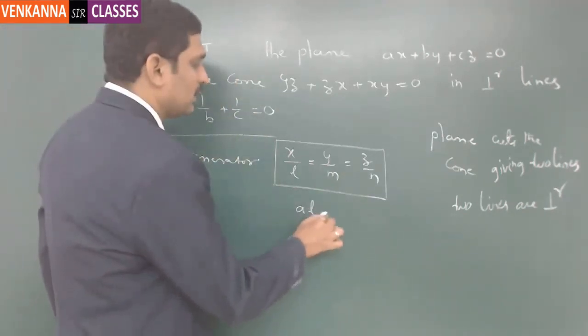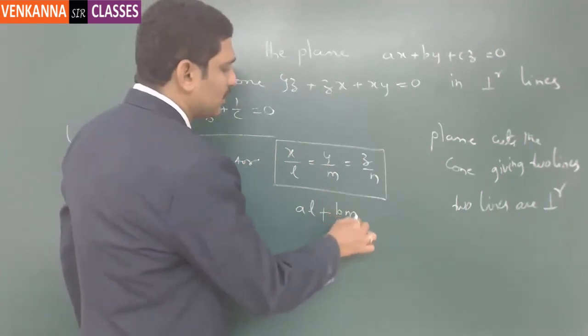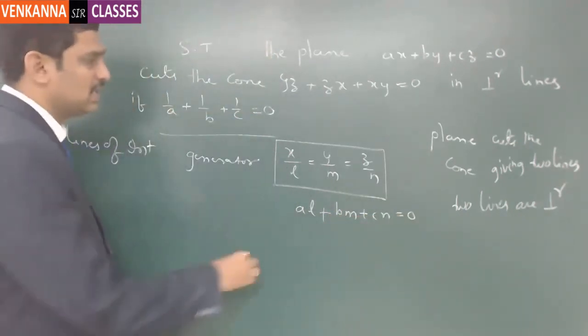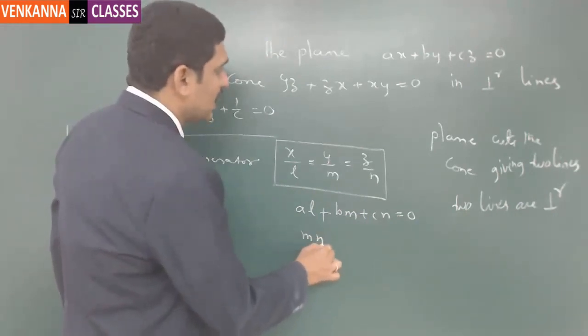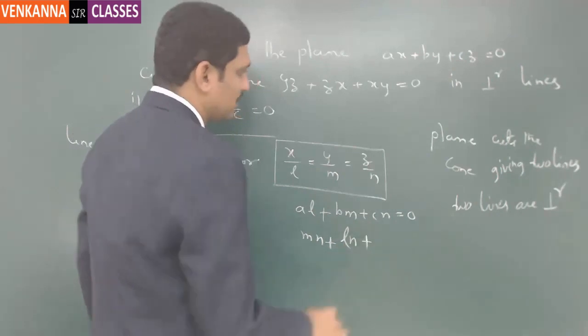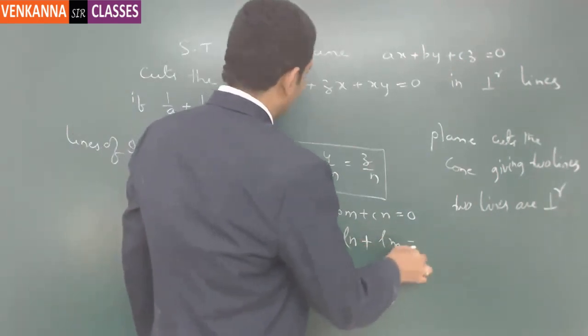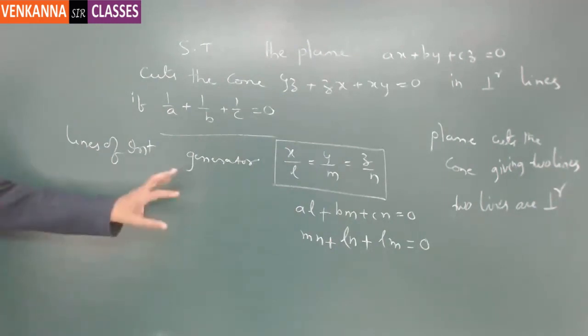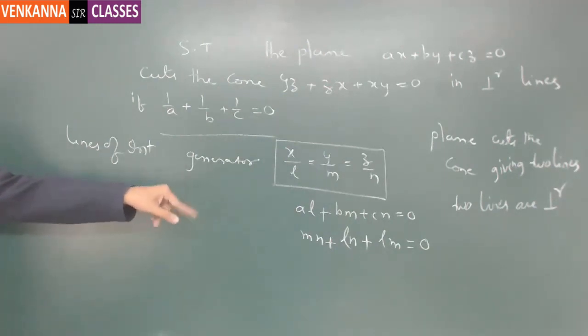Proceeding as it is, applying the normal condition and the DCs of the line satisfy the cone equation, you have al plus bm plus cn equal to 0. This is one equation, and the other one is mn plus ln plus lm equal to 0. I think you get the approach, how these equations came. Clear? Or you have a doubt?